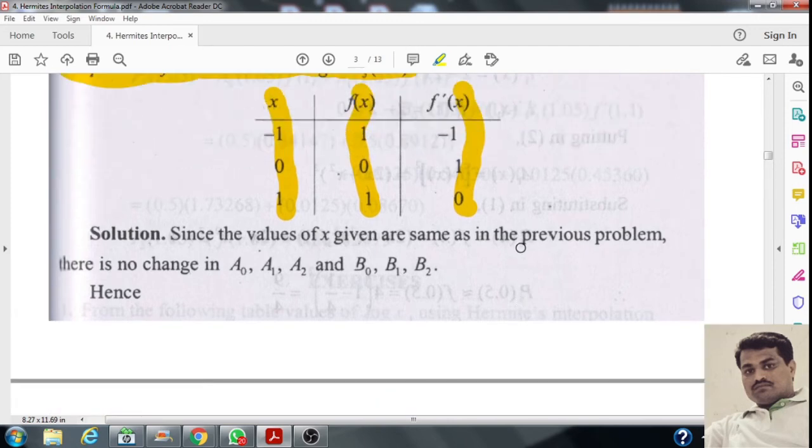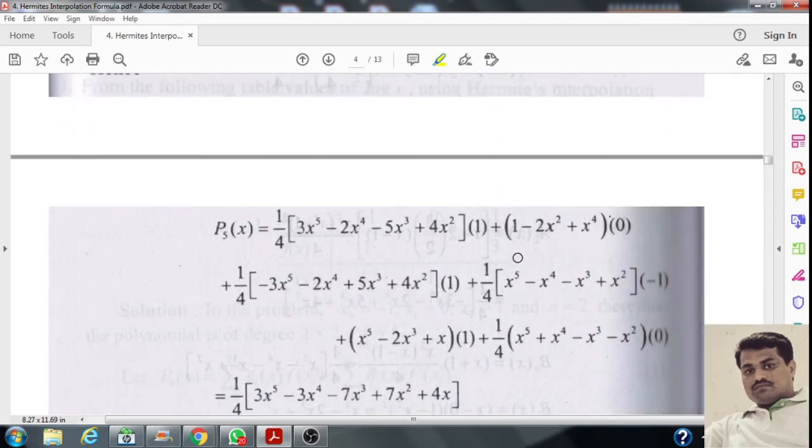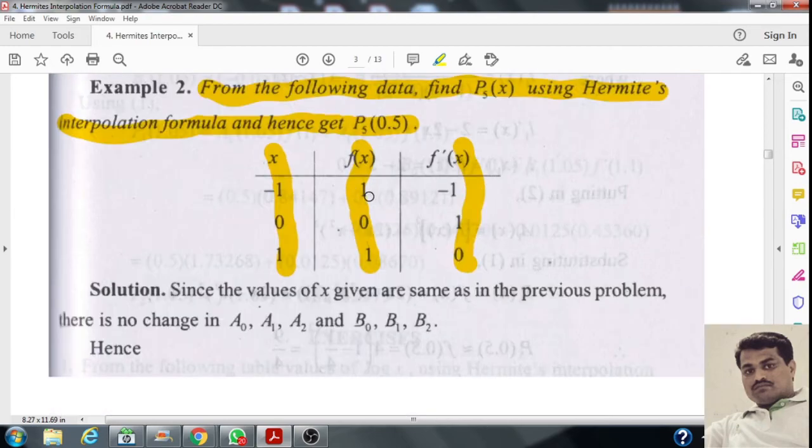Hence we consider the polynomial p5 of x is equal to 1 by 4 into, then we can expand, and we change only f of x and f dash of x, means this is f of x0, this is f of x1, this is f of x2, this is f dash of x0, f dash of x1, f dash of x2.